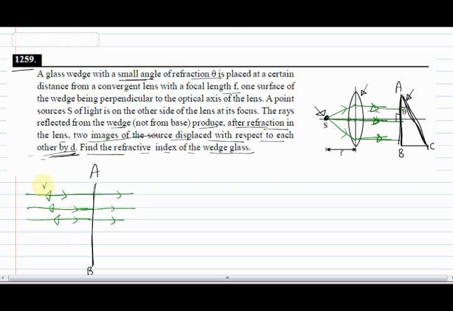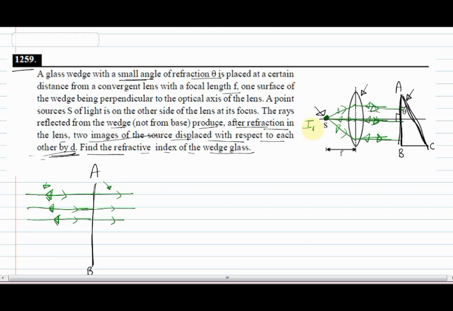Let us discuss the reflected rays first. These reflected rays trace their path backwards, and due to refraction by the lens they create an image at the source position itself.